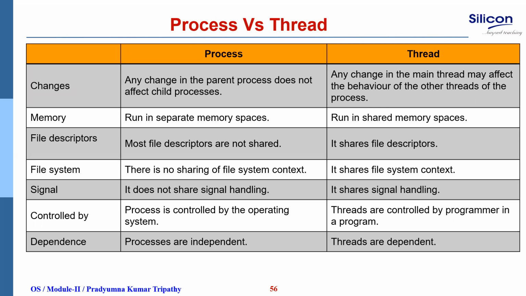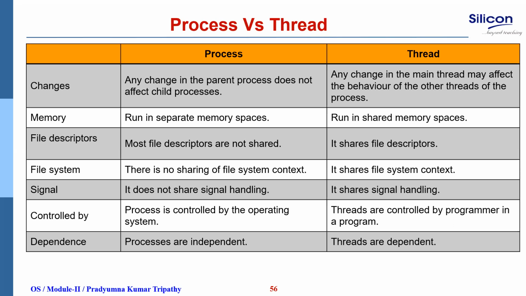File descriptors: most file descriptors are not shared among processes. File descriptors are details about those file structures. But here, the file descriptors are shared among the threads of the same process.